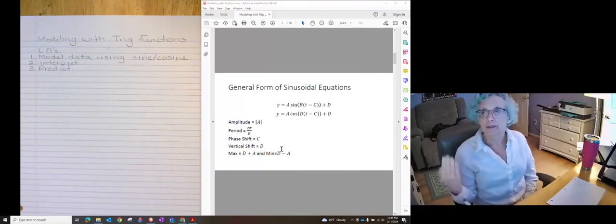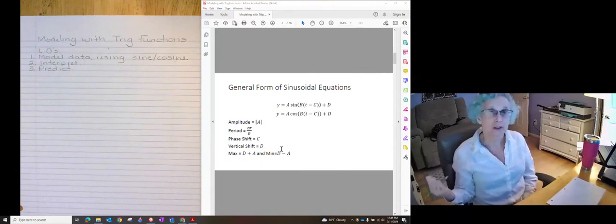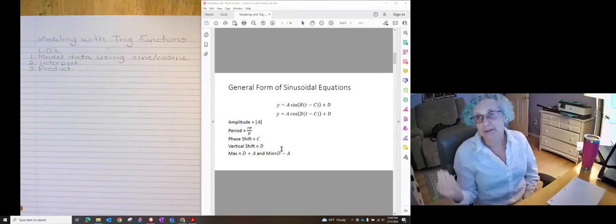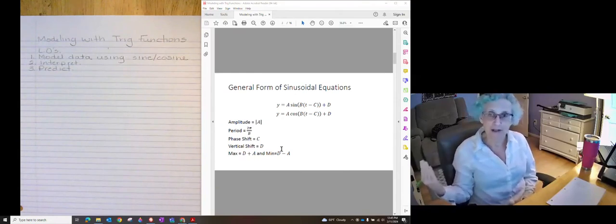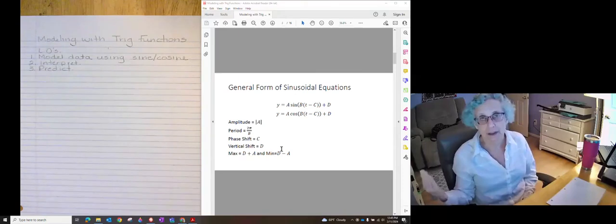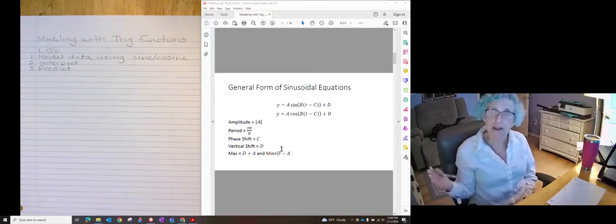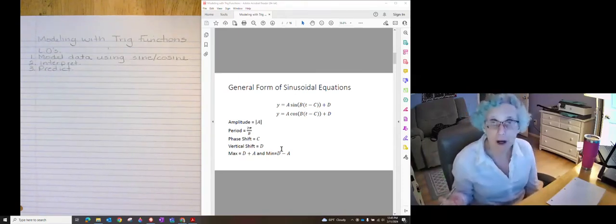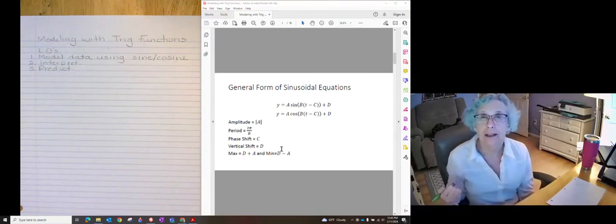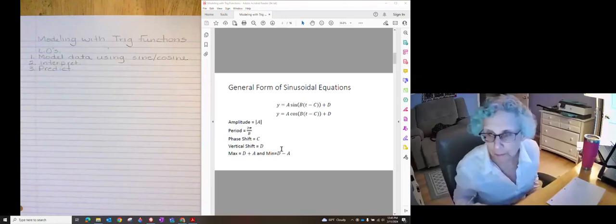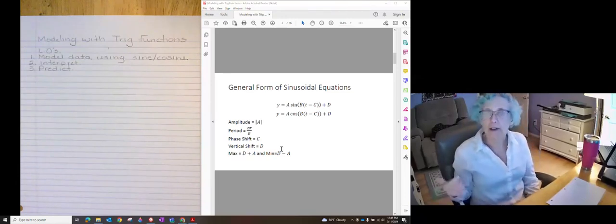Forms of sinusoidal equations. Things like A sine B times (T minus C) plus D, same with cosine, are called sinusoidal equations. They're periodic functions, and they are used to model a lot of periodic data in the real world. And just a little reminder, the amplitude is the absolute value of the number sitting out front.